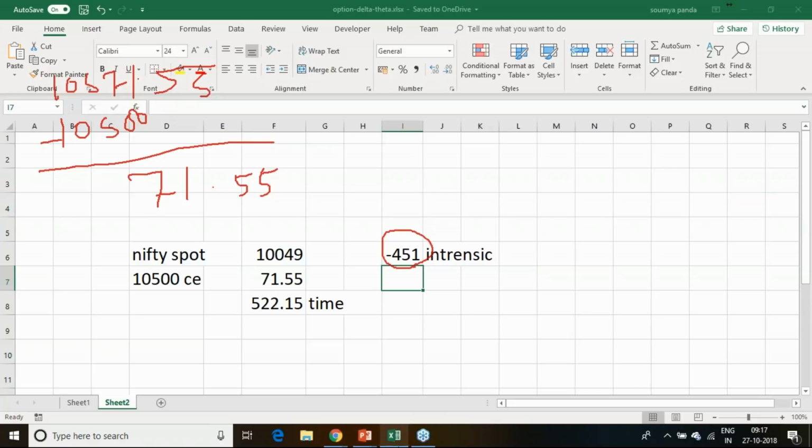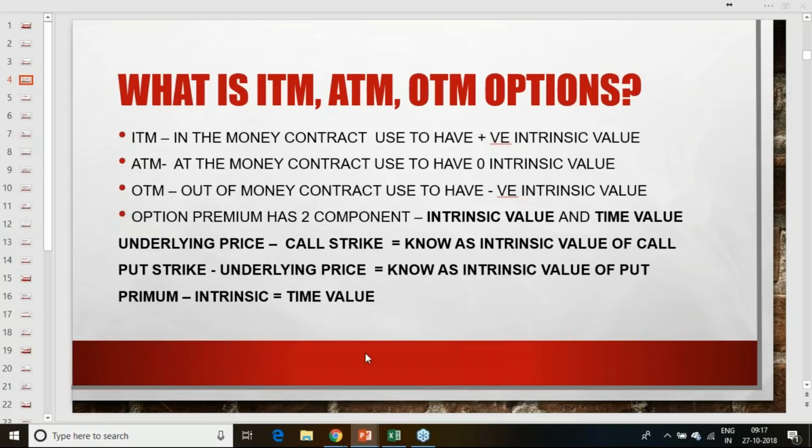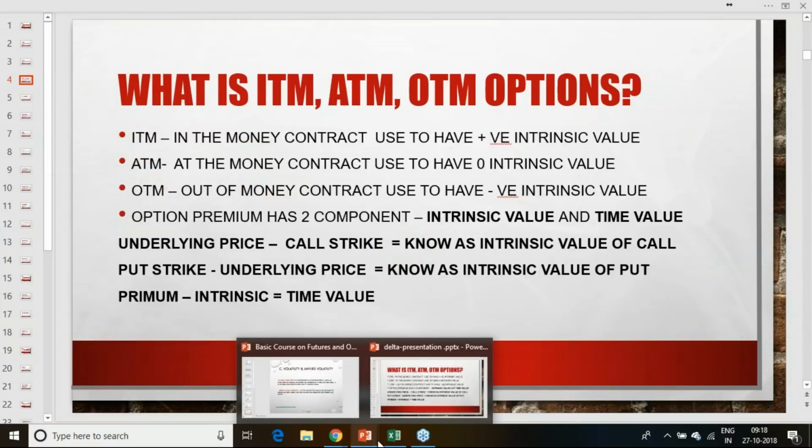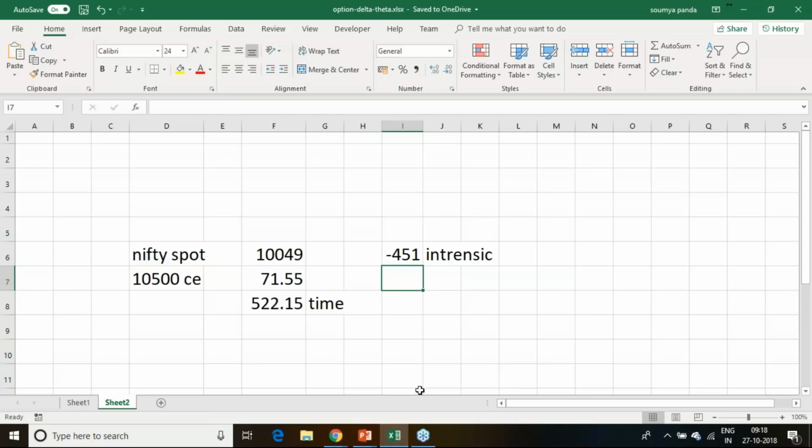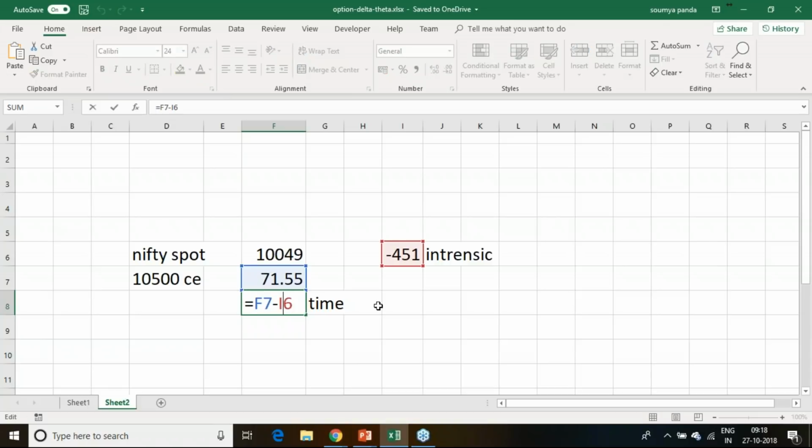If the intrinsic value is negative, this is known as an out of money option, an OTM option. Once it has become out of money, how much time value does it have? It has 522 rupees as time value. How did we calculate it?